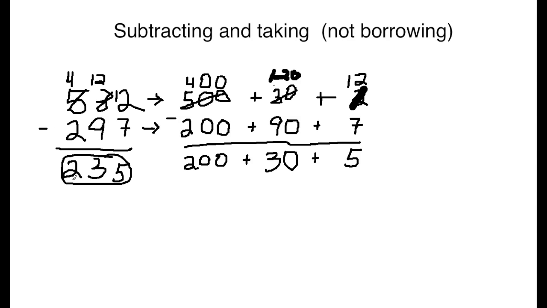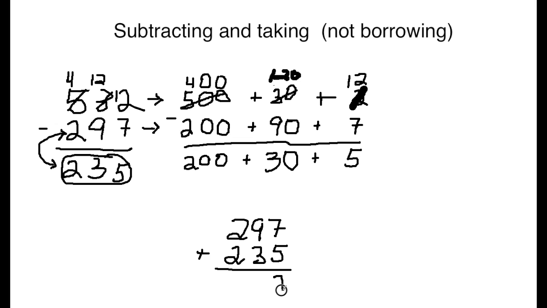Now, the nice thing about math is you can always check it, especially with subtraction. You add the answer to the bottom number, 297 plus 235, and you add. 7 plus 5 is 12.